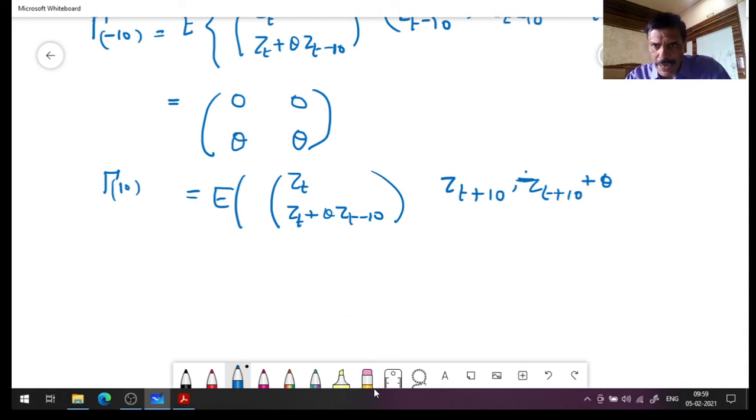You are actually subtracting, so zt plus 10 minus 10 will be zt. What are you going to get? When you multiply, this is 0, this is 0, and this you get theta.